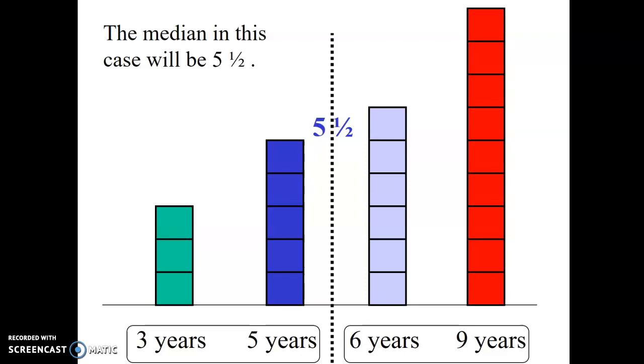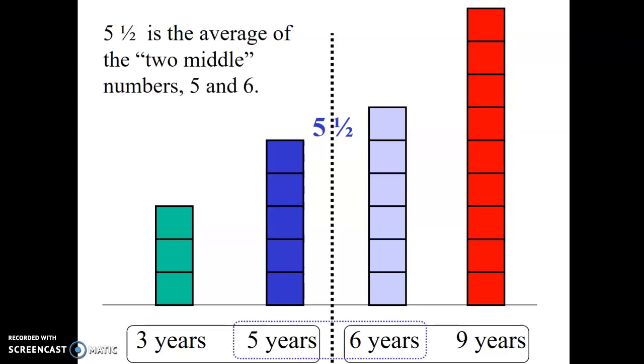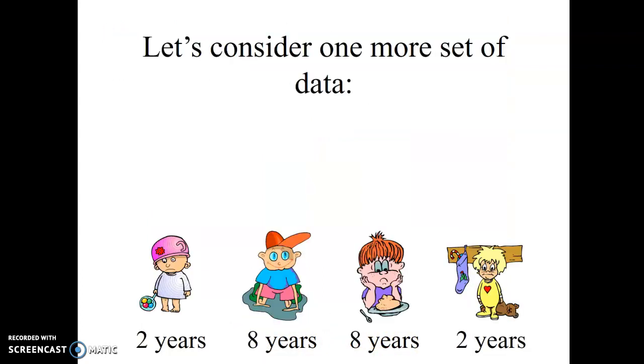So between 5 and 6 years is 5.5 years. So 5.5 is the average of the 2 middle numbers, 5 and 6. Another way I can think about this is add up 5 plus 6 and get 11. And if I take 11 and divide it by 2, because I added up 2 numbers, now I get 5.5.